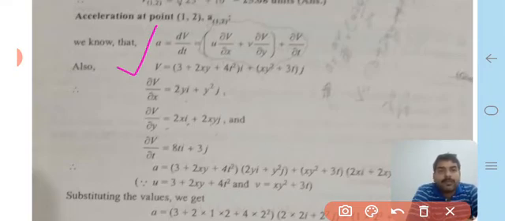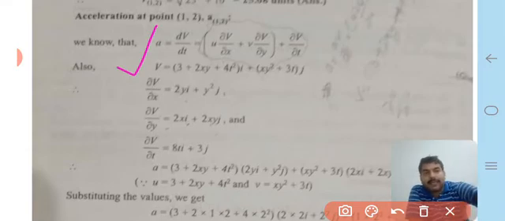Also given V equal to (3 plus 2xy plus 4t²) i plus (xy² plus 3t) j. Therefore, we differentiate the velocity field with respect to x, y and t.